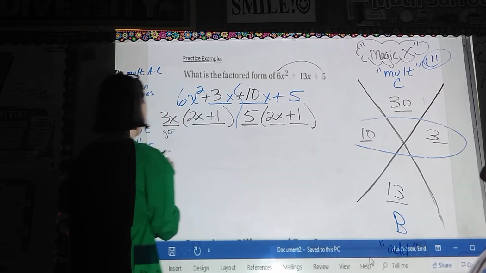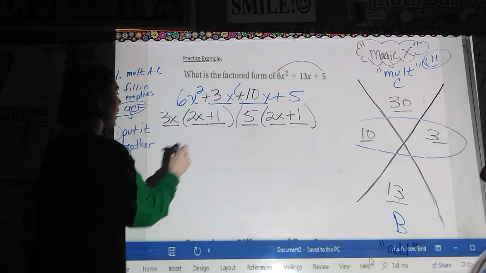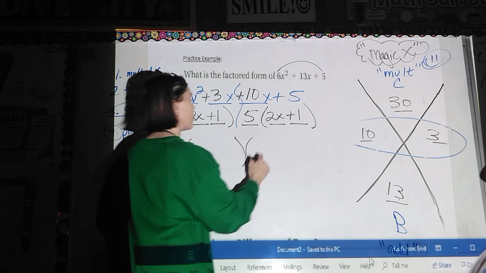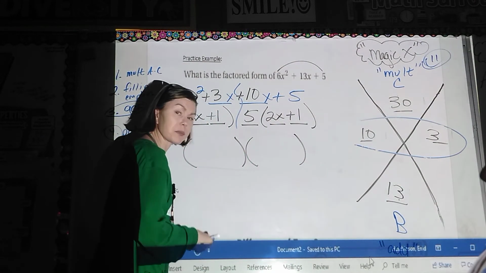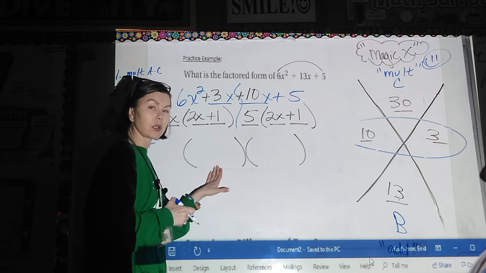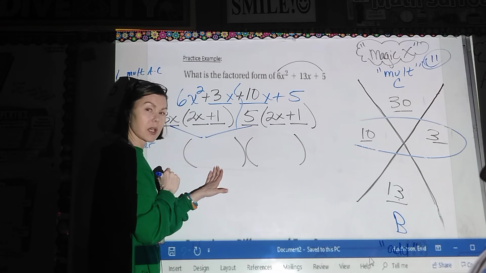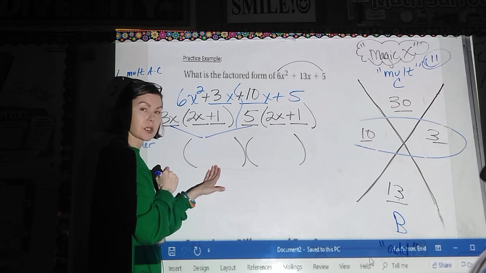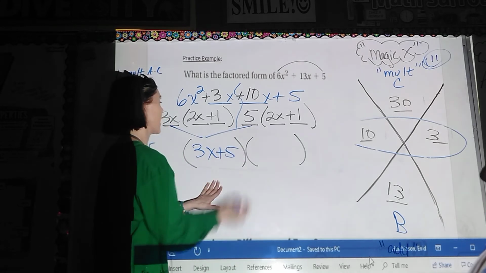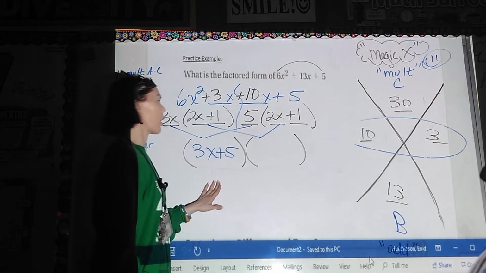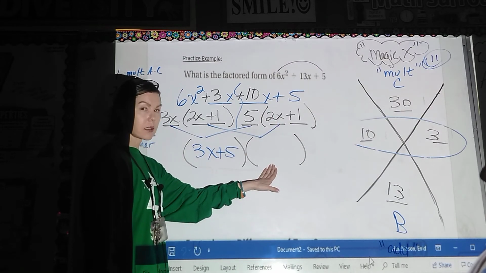Okay? So now, how do we put it together, right? Well, let's do our two binomials here, you guys. And we know that the two GCFs come together and form the first binomial. So we have 3x plus 5. And then the matching terms form the second binomial.